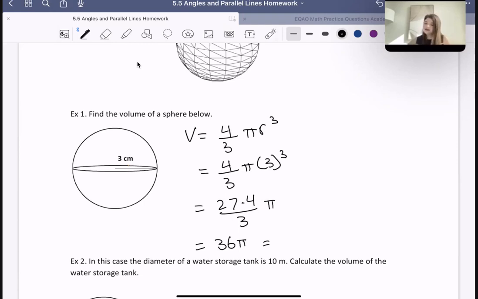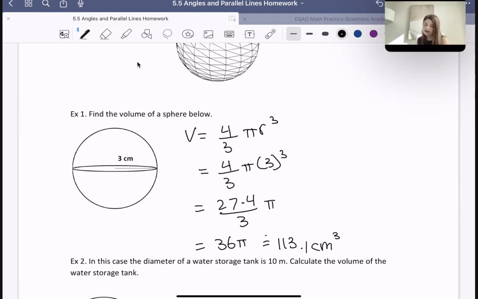which is, let's grab our calculator and get a good estimate on that. So 36 pi is about 113.1 centimeters cubed.